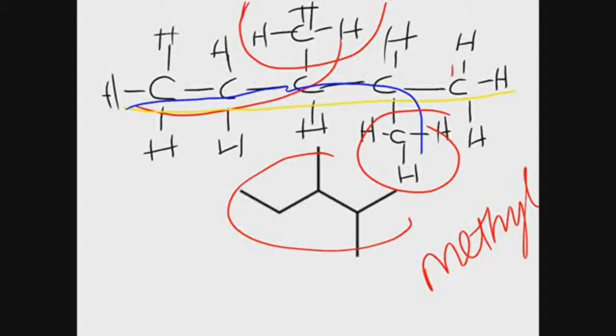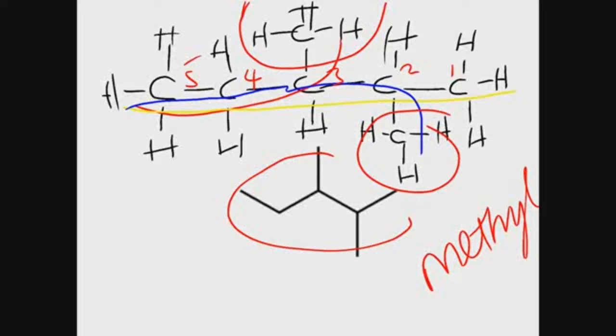You have 1, 2, 3, 4, 5, and now they have the lowest possible number. Initially it was 3 to 4, but now it's 2 to 1. In fact, when you sum up the both, you actually know which path to go through. The sum of this one is 3 plus 2 is 5, while the other one is 3 plus 4 is 7. You pick the one with the lowest sum.